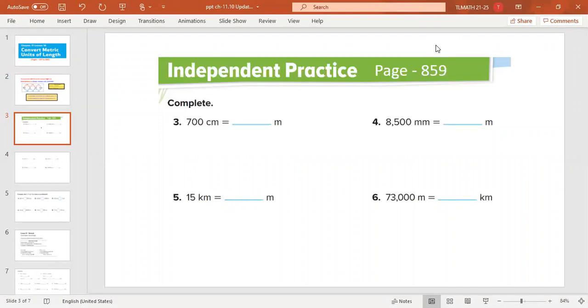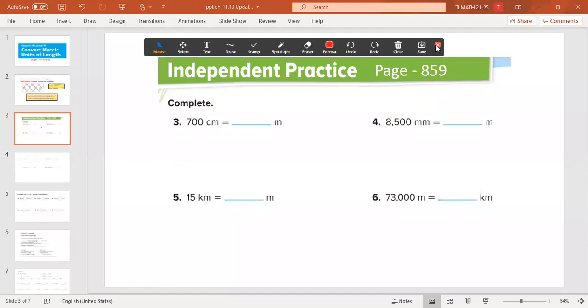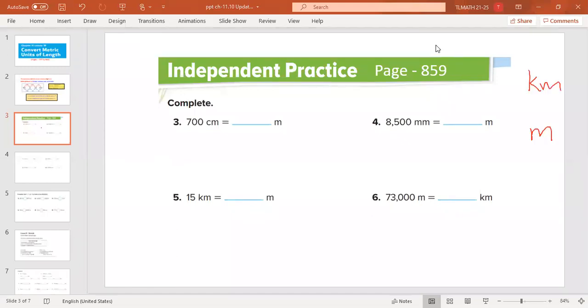So I'm going to draw it: kilometer, and I'm going to convert it to meter, centimeter, and millimeter. We said when we want to convert from larger to smaller, we are going to multiply.